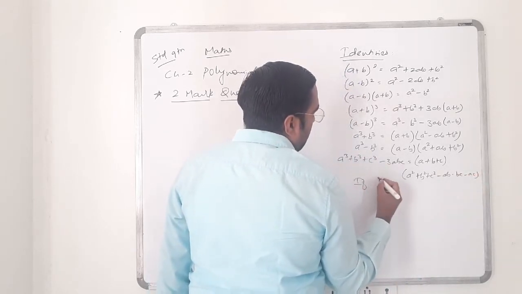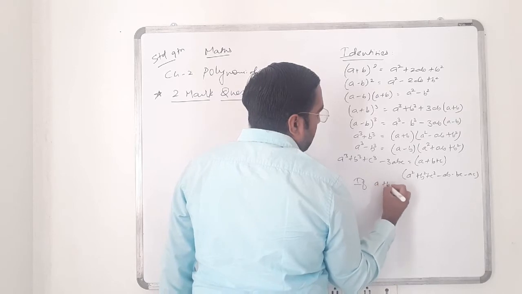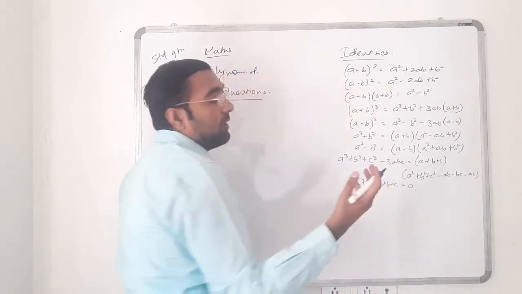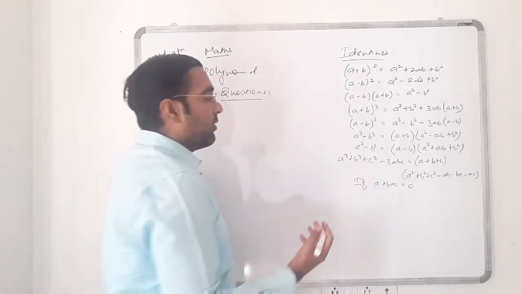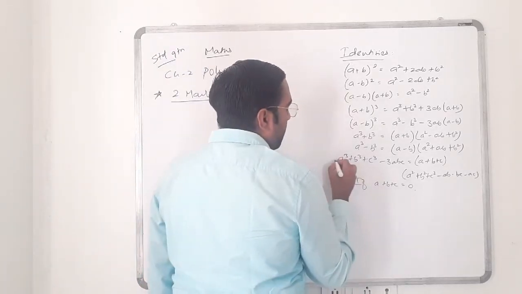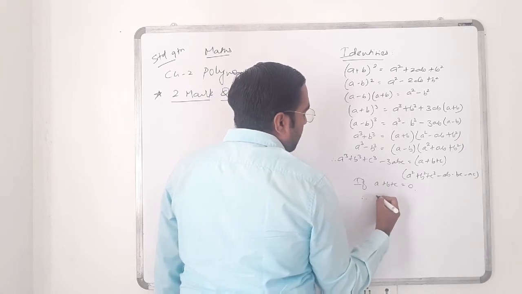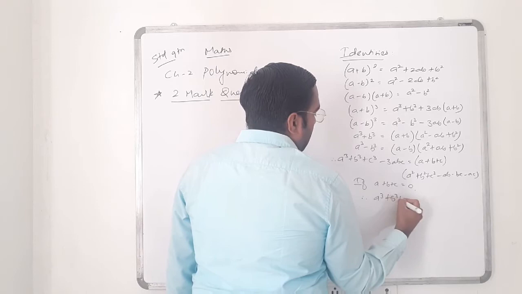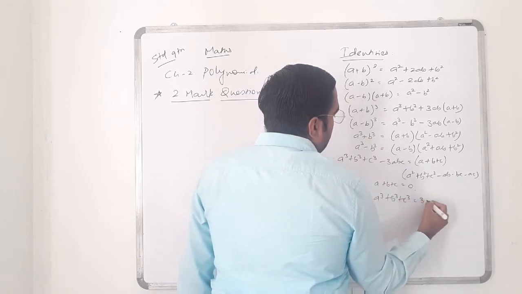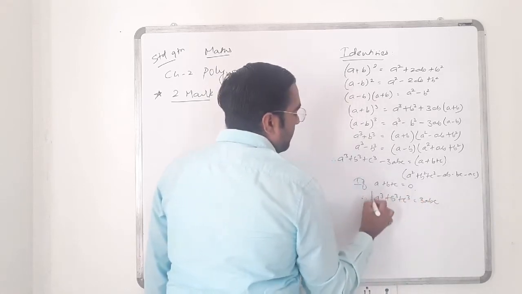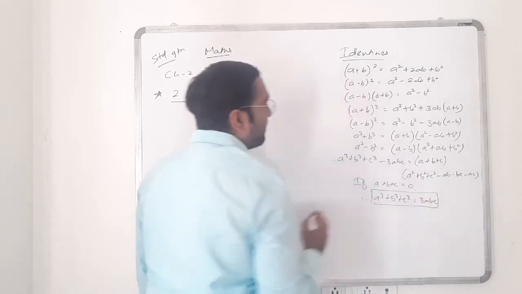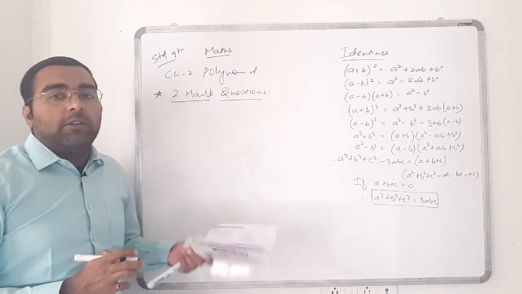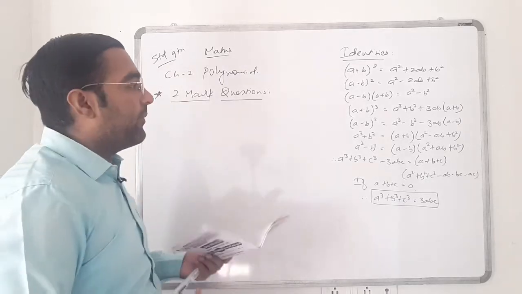In this one, if a plus b plus c is equal to 0, then for this identity my answer will be a cube plus b cube plus c cube is equal to 3abc. Clear about that? So these are the important identities that we have already learned.